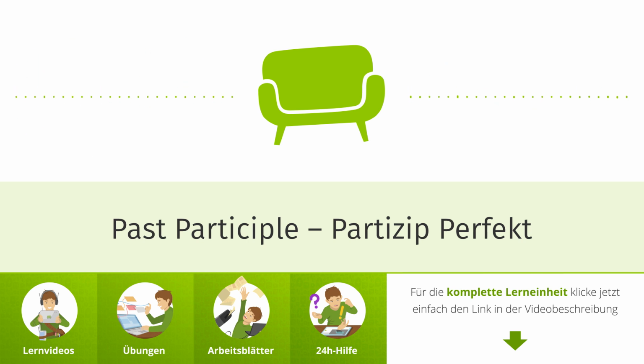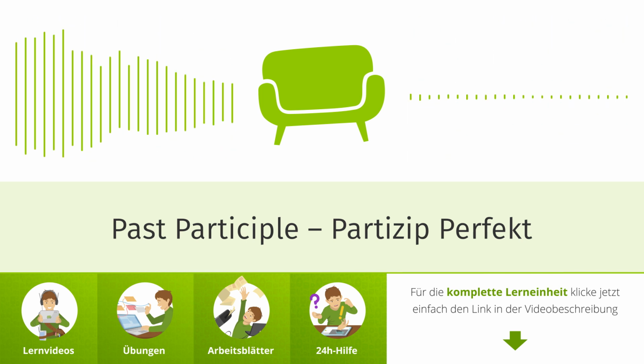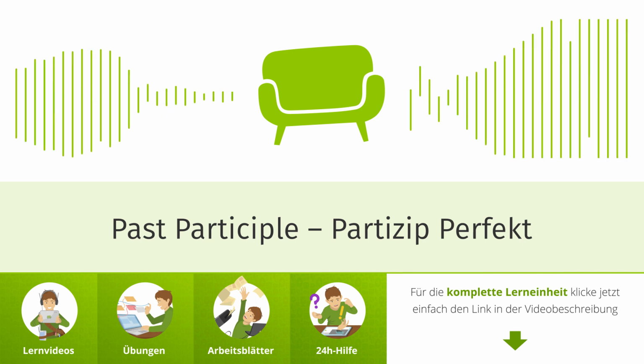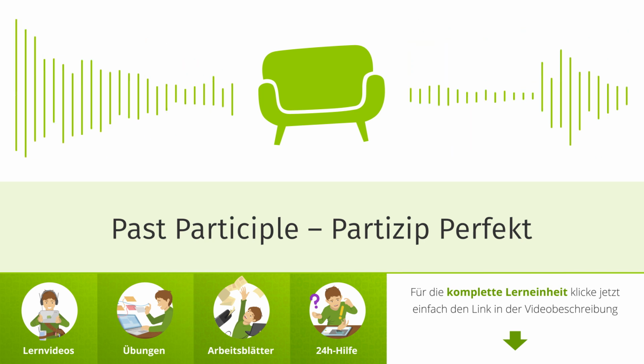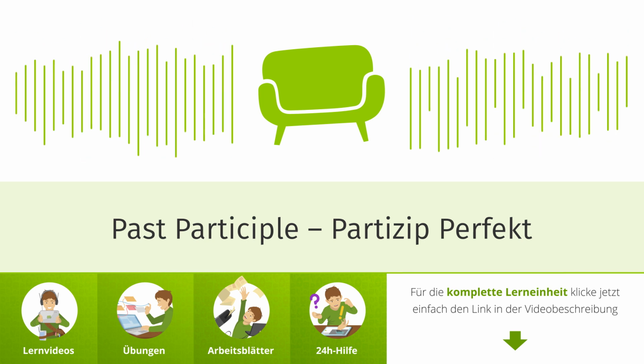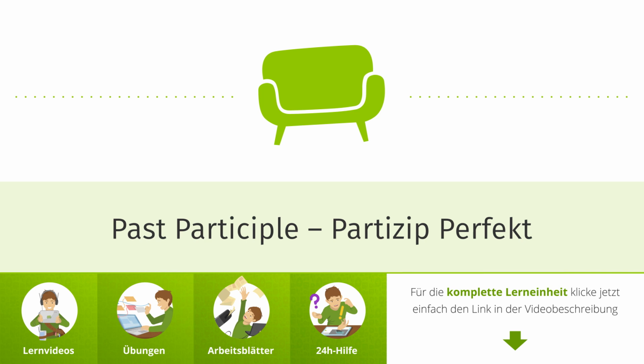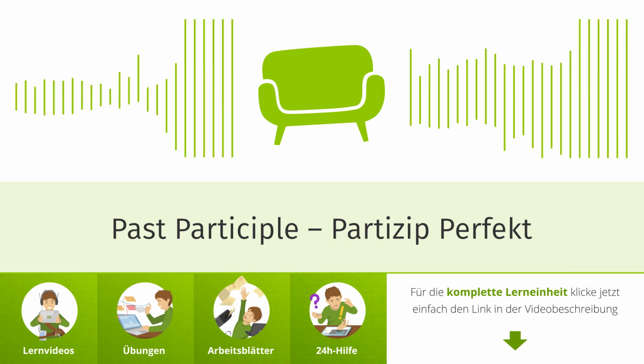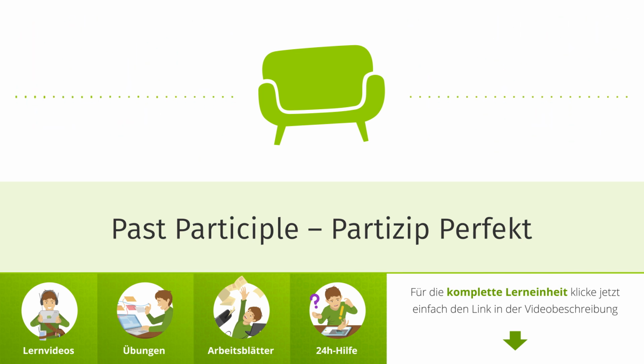Past Perfect, when he came into the bar, the woman had already gone. Future Perfect, by the time they get to the theater, the show will have started. And for passive constructions, the house was built 80 years ago.